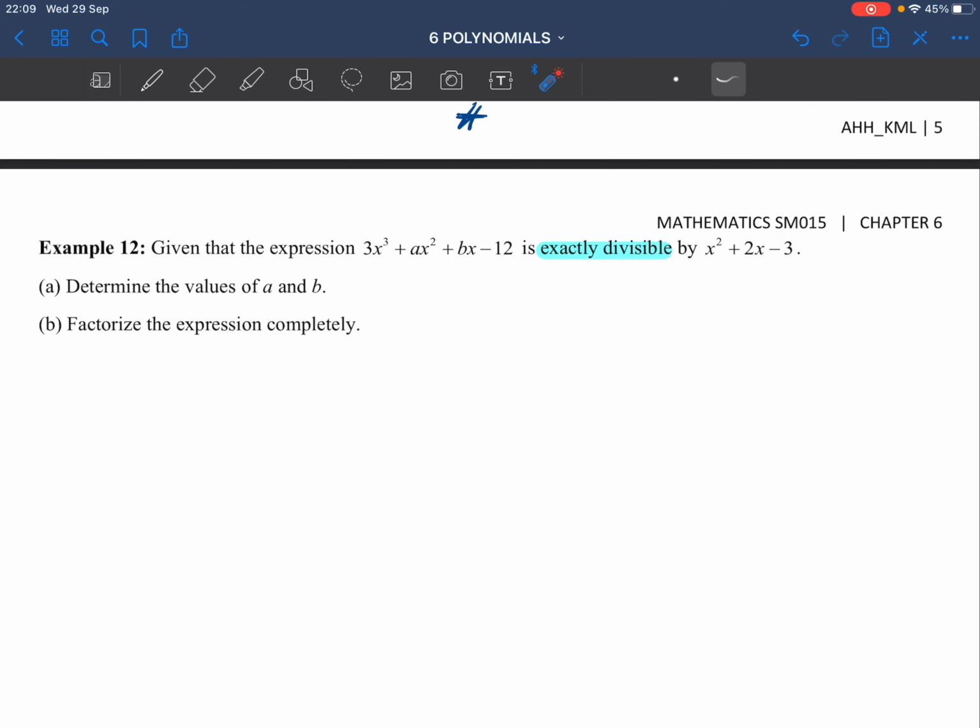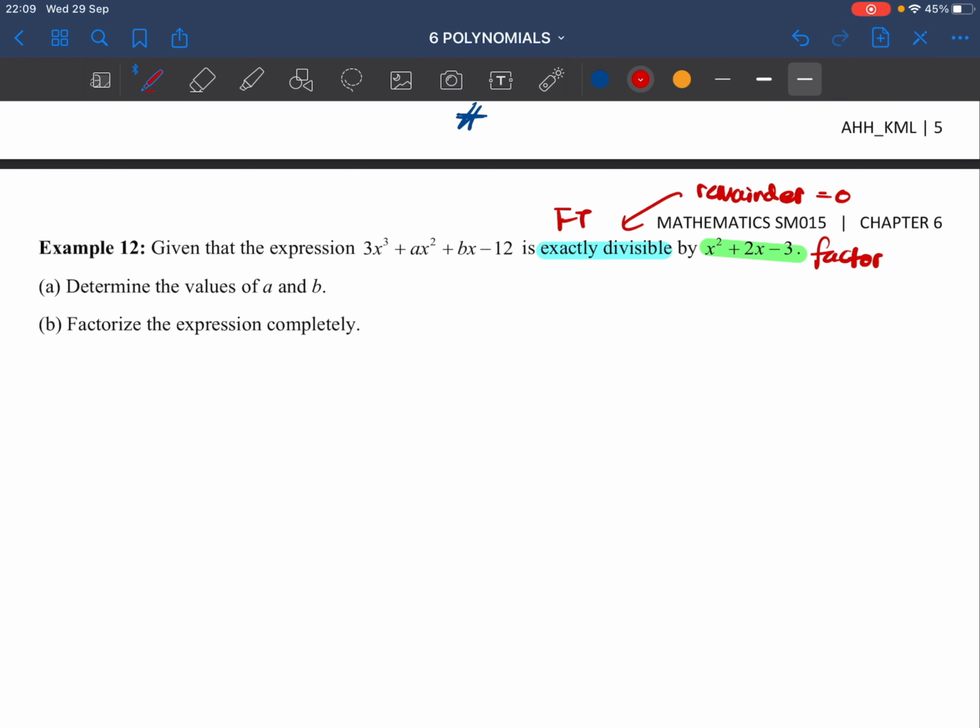So there is no remainder. Remember I said if there is no remainder, this one is your factor. So what we need to do is ft here, not rt.